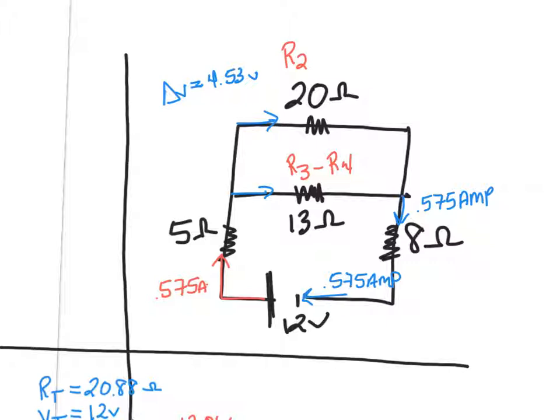Therefore, to solve for how much of that current chooses to go through resistor 2, the 20 ohm resistor, that's going to be equal to voltage divided by resistance.